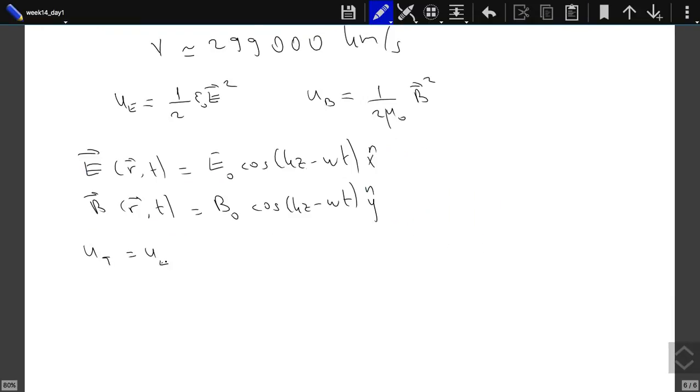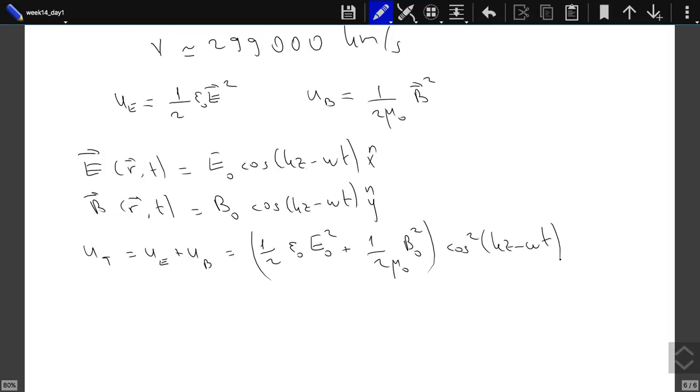It is the energy density stored in the electric field plus the energy density stored in the magnetic field. This will be equal to 1 over 2 epsilon 0 E0 squared plus 1 over 2 mu 0 B0 squared times cosine squared (kz minus omega t).